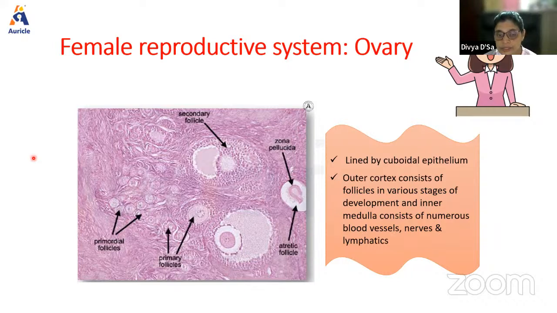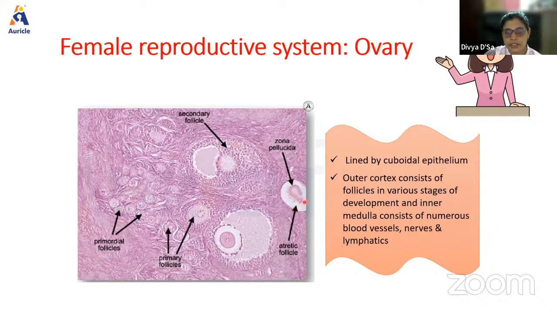Otherwise, after birth, it doesn't germinate. It doesn't form any new cells. So it is just a misnomer after birth. But before that, in the embryological period, it actually contributes to the formation of the gonad. That is why it is called germinal epithelium. So this is the secondary follicle.